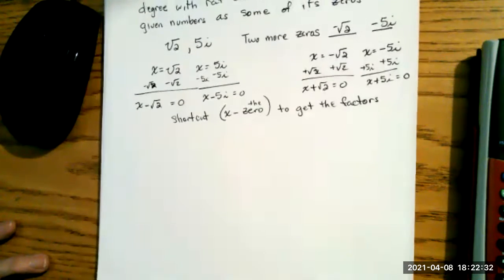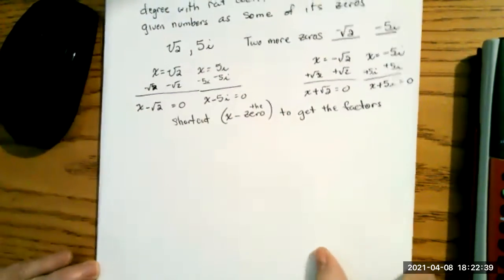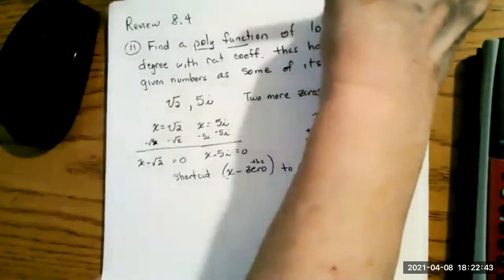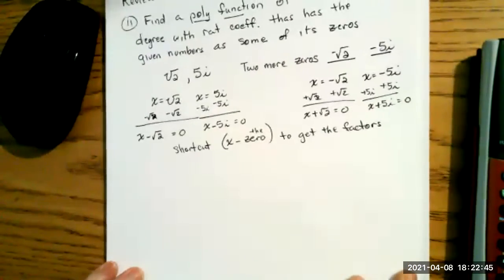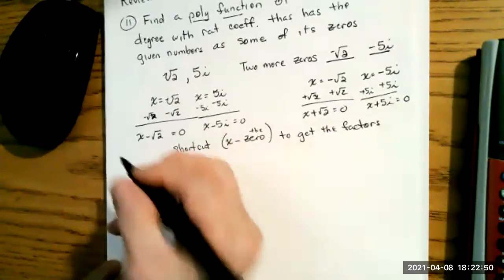All right, now then, what we want to do with those factors is to multiply them to get our polynomial. We want a polynomial function. So what we're going to do next is to write these down, and I'm going to be smart when I do it. I'm going to put my square roots together, and I'm going to put my i's together.